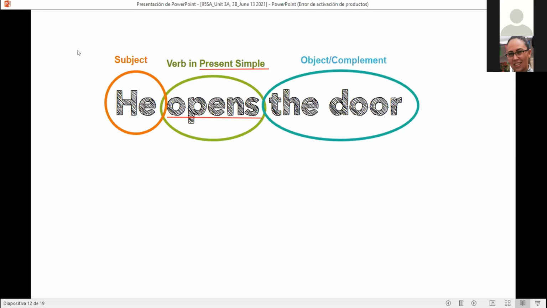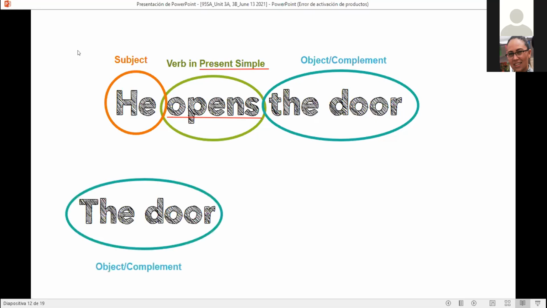No, the door he opens. Vamos por partes. ¿Está bien la primera parte, Alex? The door, ¿sí? Es decir, que este objeto complemento que antes iba al final de la oración activa, miran, ahora va al inicio. Le cambiamos, ¿no? Va al inicio, es más importante.